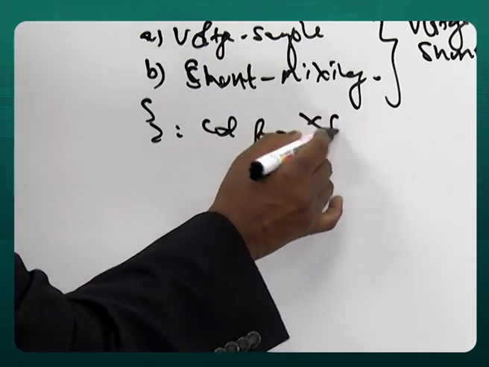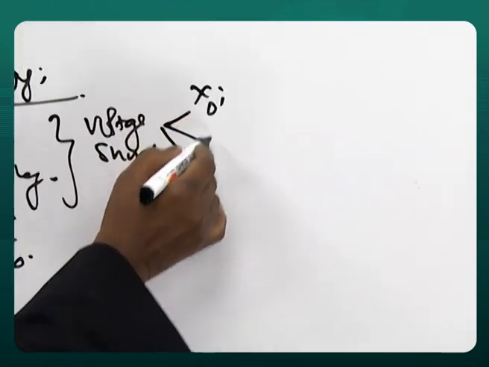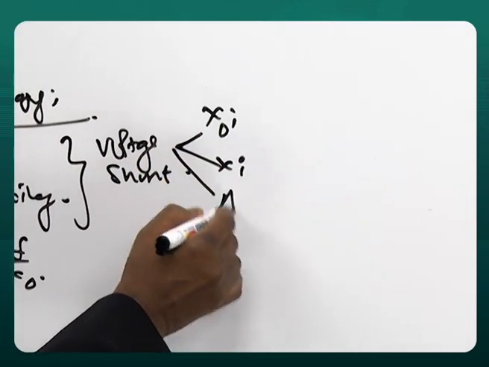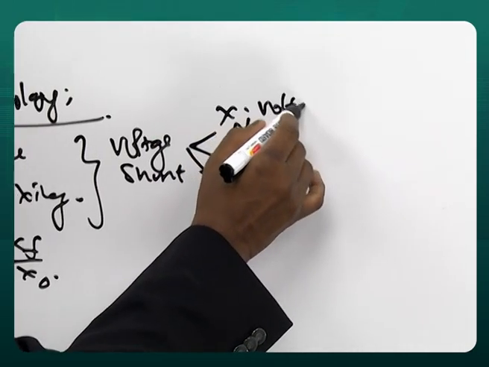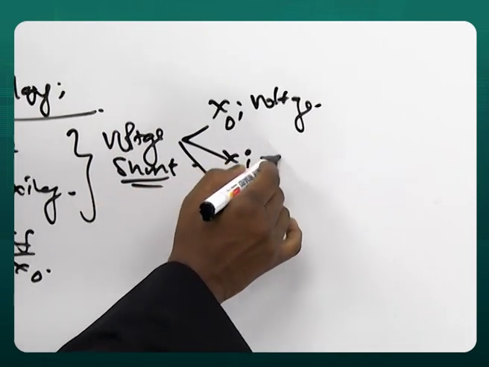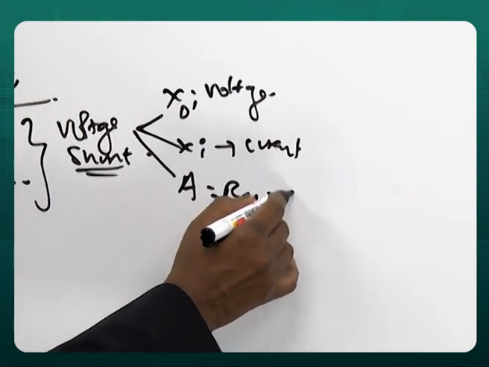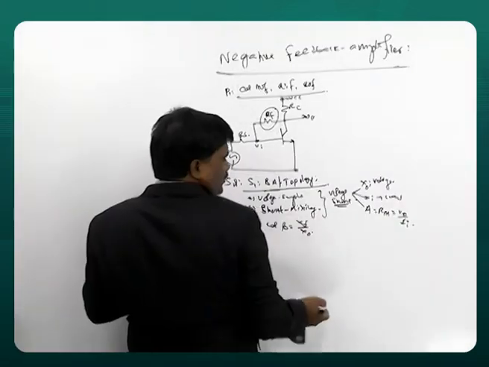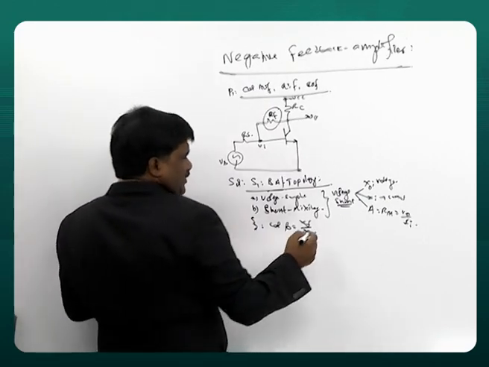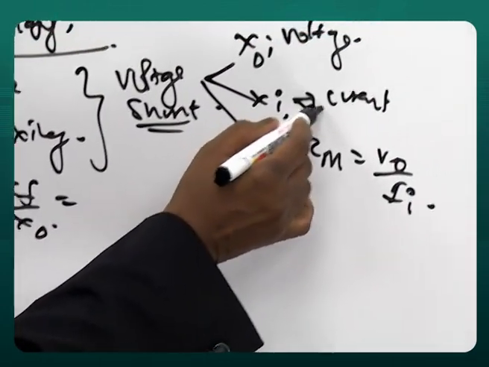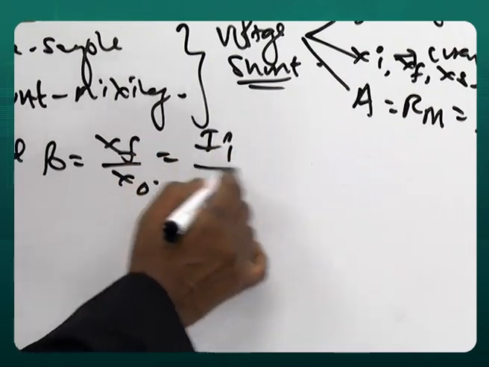Secondly, calculate beta. Beta is xf by x naught. What do you mean by voltage shunt? What is output, what is input, what is gain? Voltage means output is voltage. Shunt means mixing current. Therefore, this is Rm, so it is trans-resistance. XI, XF, XS are all currents, so beta is IF by V naught.